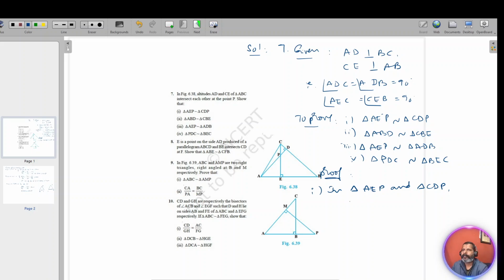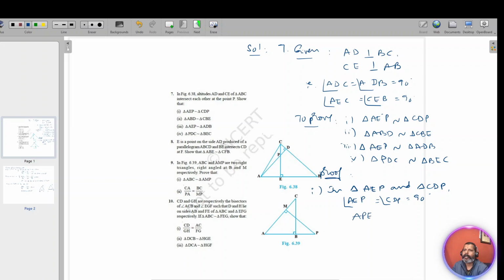So let's see. Angle AEP equal to angle CDP, which is 90, each 90 here. AEP is nothing but AEC, right? AEC is 90, each 90. Then we have one more, vertically opposite angle. What is that?